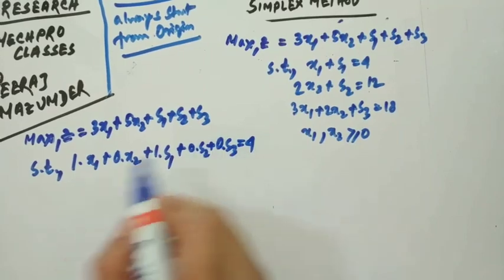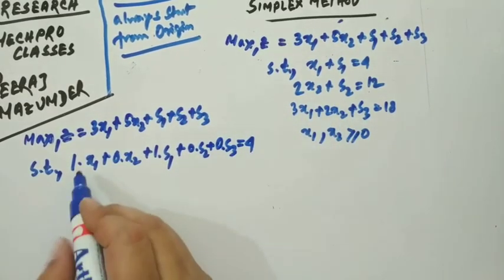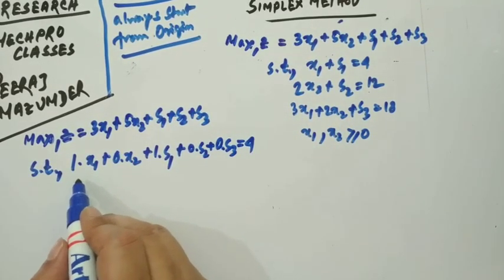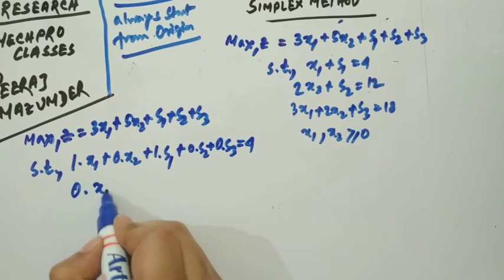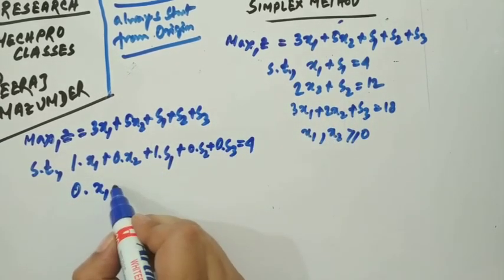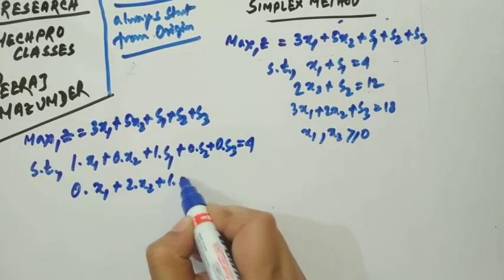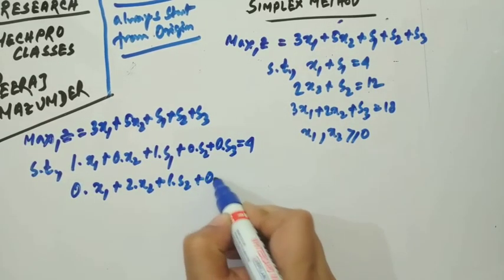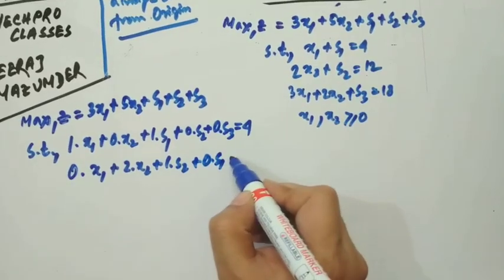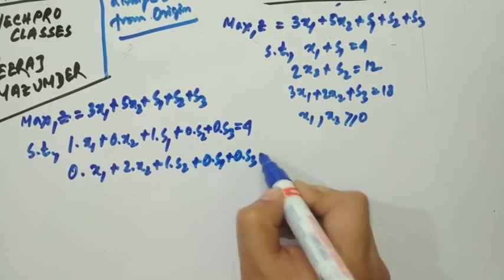Now for the second equation I can write 0 into x1, as it has no x1, plus 2 into x2 plus 1 into s2 plus 0 into s1 plus 0 into s3 equal to 12.